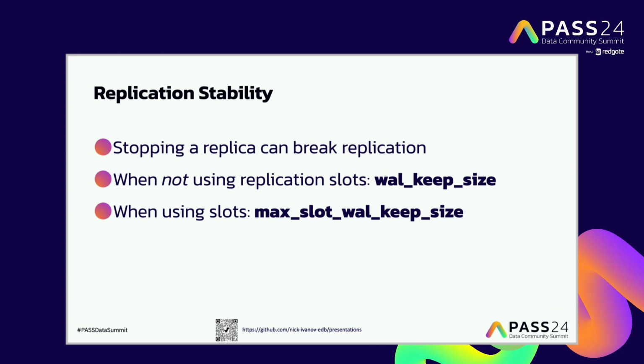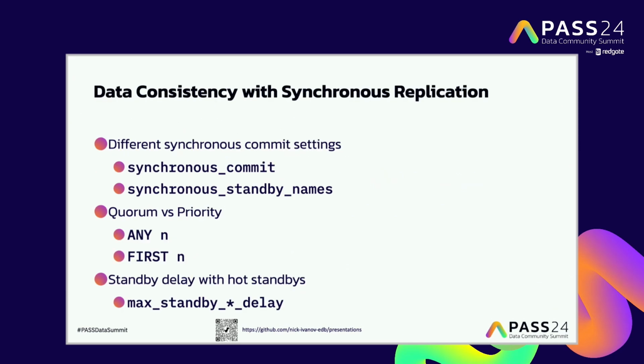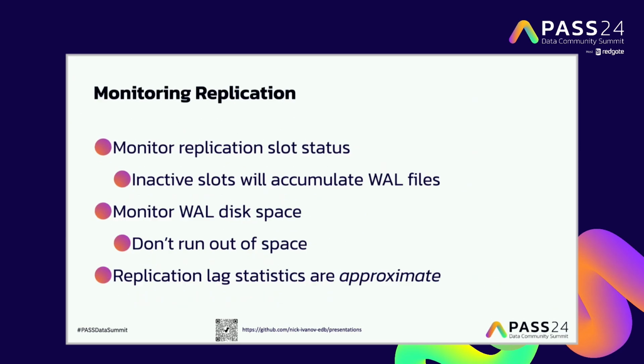So either provide enough space by setting up these parameters, or make sure that you start up the replica soon enough so that you don't need to. But there's a downside to this. If you keep WALs for long enough, you will run out of space on the primary, which will bring the whole server down. So you don't want to exceed that threshold either.